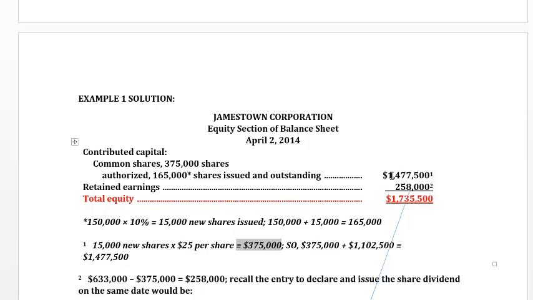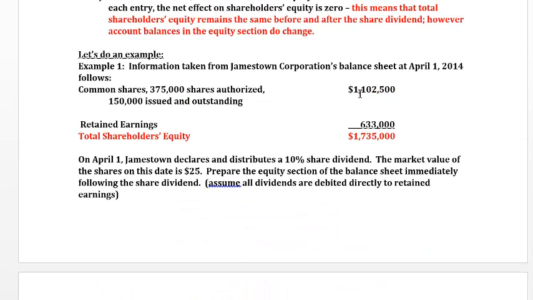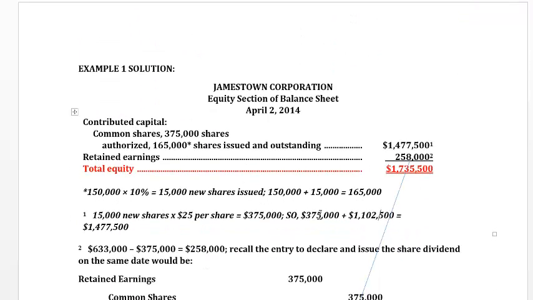So therefore, to calculate this number here, we're going to take 1,102,500, which is what we started with over here, just before the share dividend. And we're going to add to it the value of the share dividend based on the market value of the shares at declaration date. And that's going to give you 1,477,500.